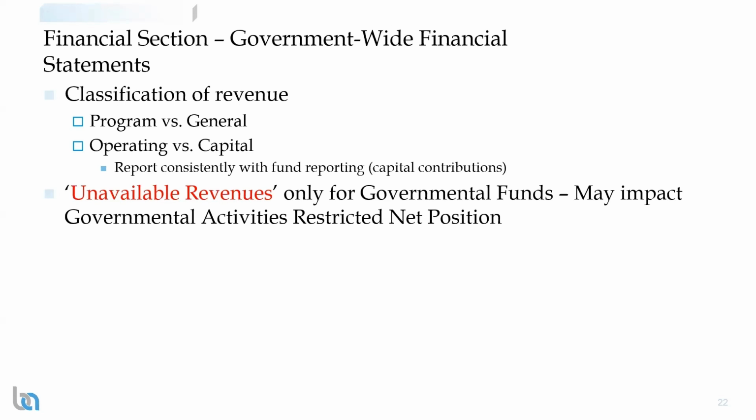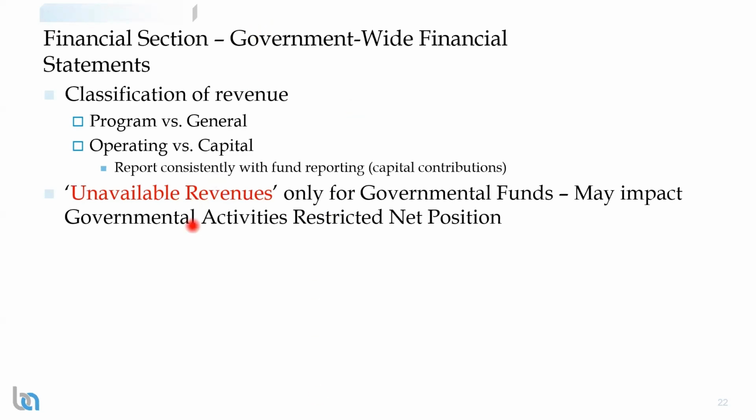I shouldn't have inconsistency there. So it's just something that maybe you've set up your mapping a certain way and something has changed or you reclassified something. You just want to remember to reclassify it in both statements. Okay.